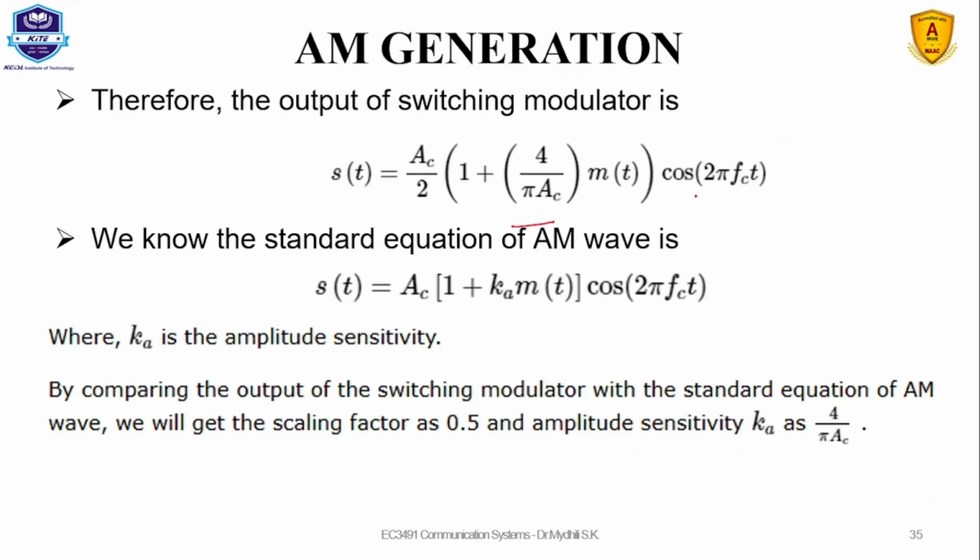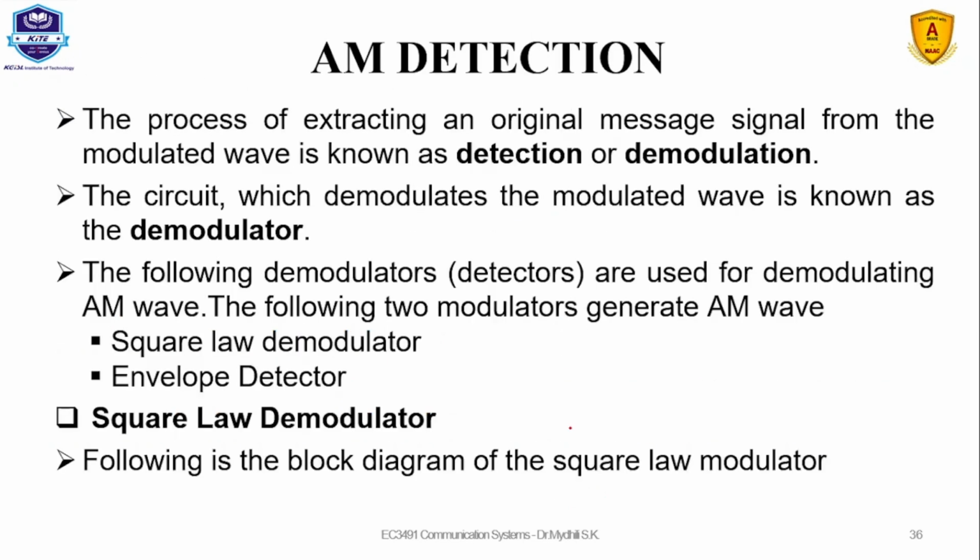After passing through the bandpass filter, we arrive at the carrier, and when multiplied with omega_m t, we get the upper sideband and lower sideband equation. Comparing this with AM, we have generated an AM wave with a switching modulator. Now the generation part is over.